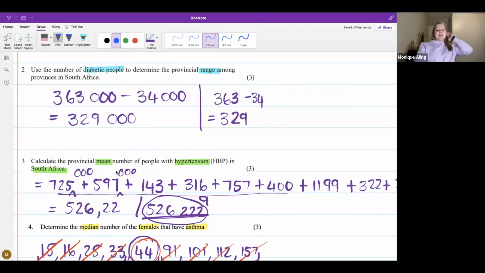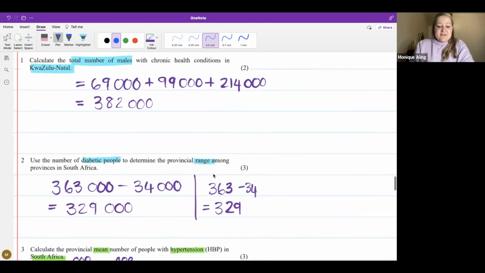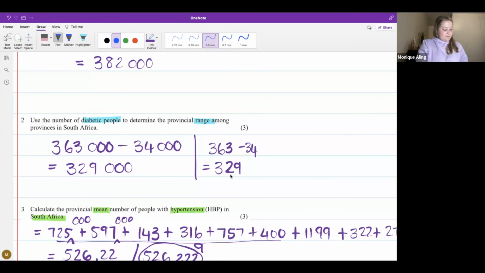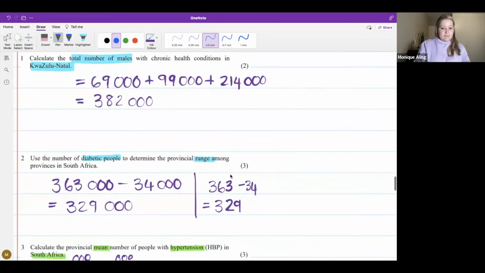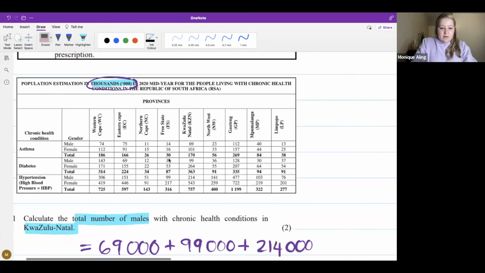Okay, so calculate the provincial mean number of people with hypertension in South Africa. So we were looking at hypertension specifically. Let me get a highlighter quickly.